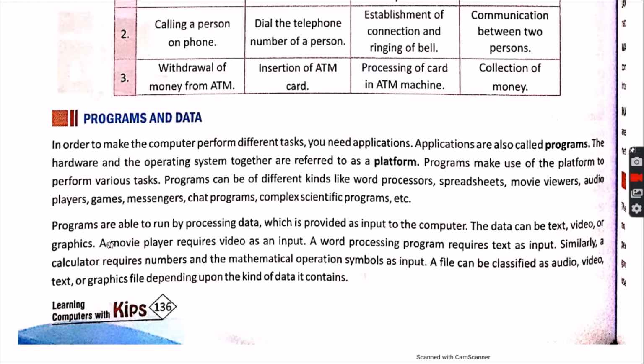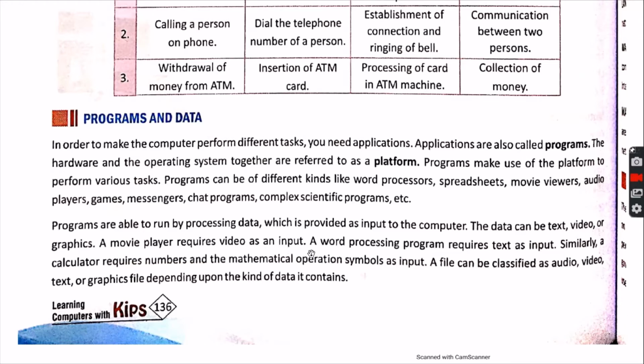So programs are able to run by processing data, means whether it reads the data, writes the data, or processes the data. Okay, so programs do things with the help of running data, which is provided as input into the computer. The data can be text, videos, or graphics.